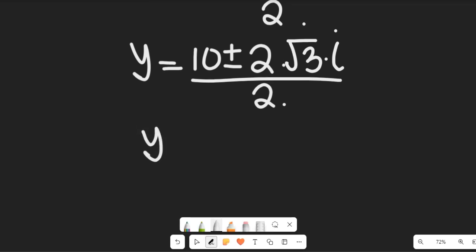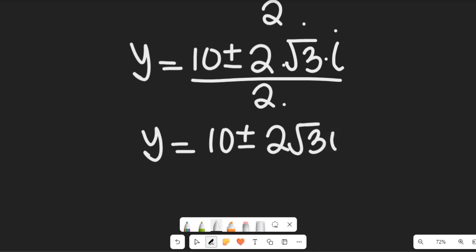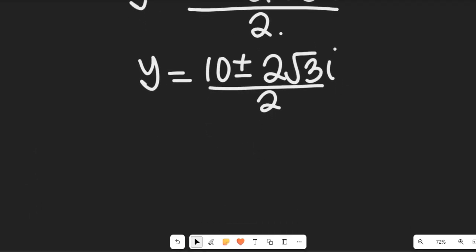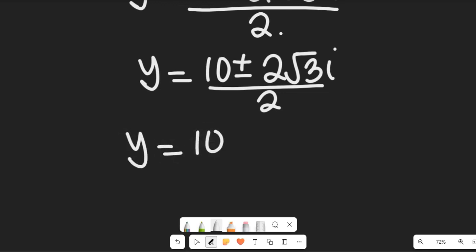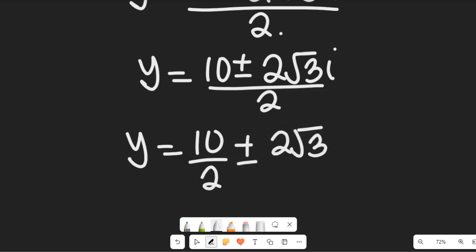So our y will be equal to 10 plus or minus 2 root 3 imaginary divided by 2. So this is going to give us what? y equal to 10 divided by 2 plus or minus 2 root 3 imaginary divided by 2.